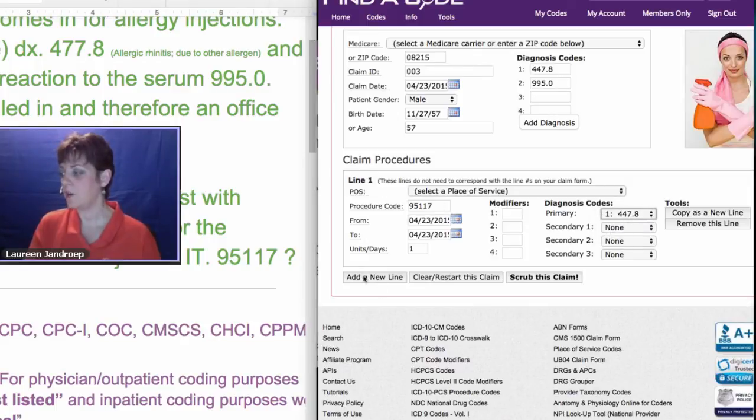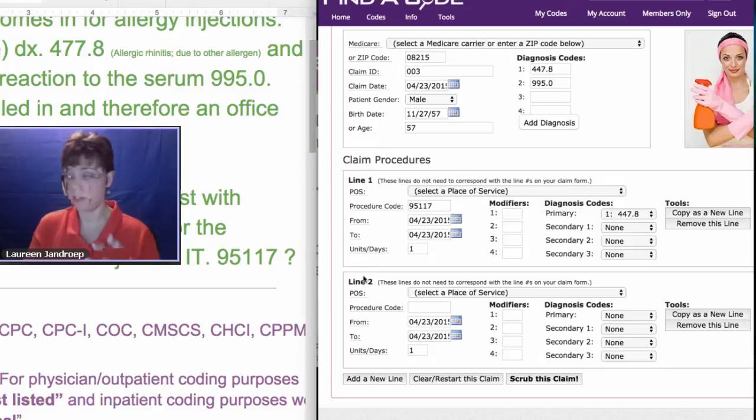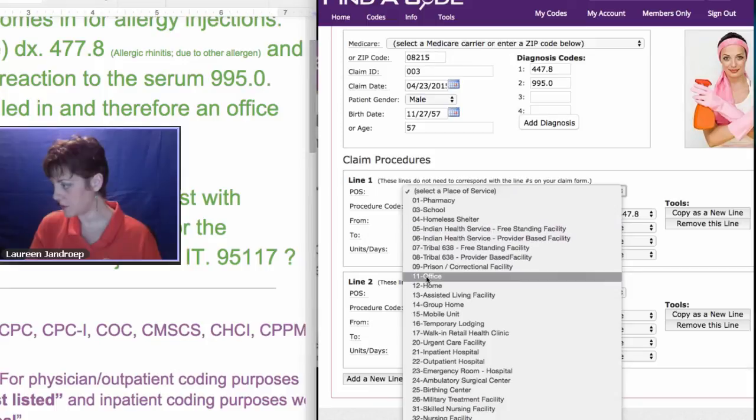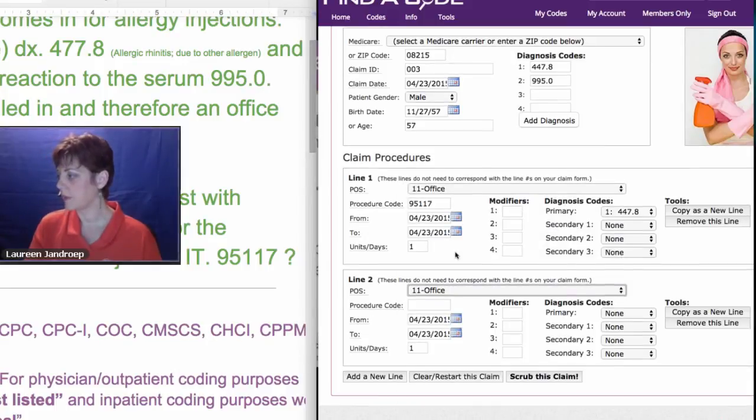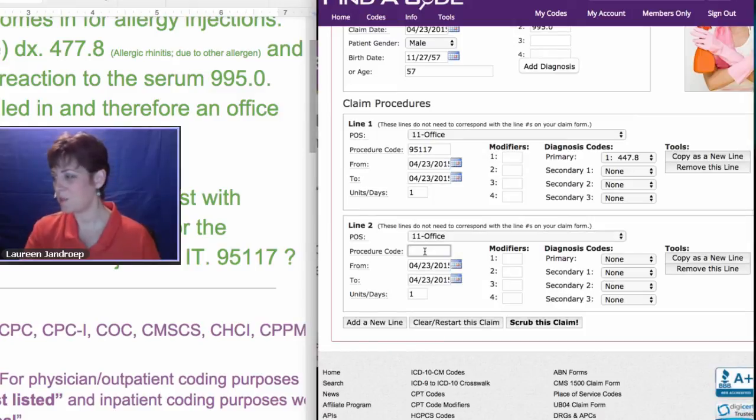I'm going to add a new line because I have 2 procedures, the E&M and the shots. Oh, by the way, we have to pick place of service, so we're going to do this in the office. And for the procedure code, I just picked an E&M code, 99214.